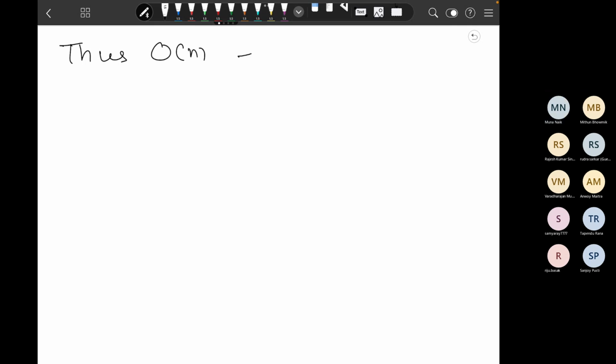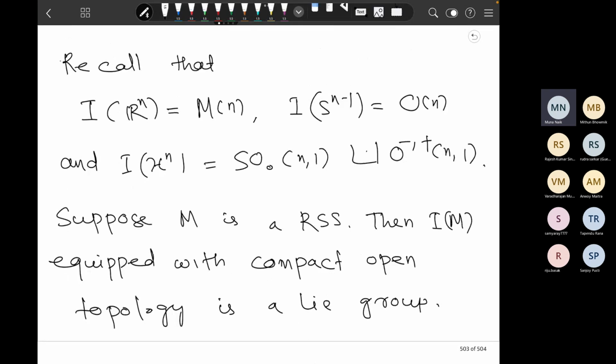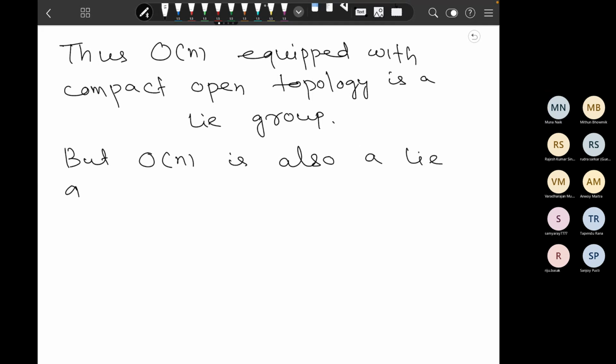Thus O(n) equipped with the compact-open topology is a Lie group. So we are considering this example, I(S^(n-1)) equal to O(n). But O(n) is also a Lie group with the usual matrix topology.